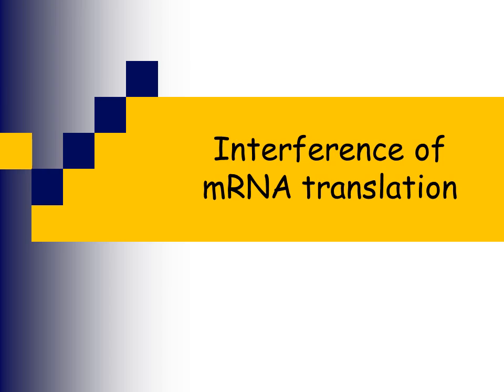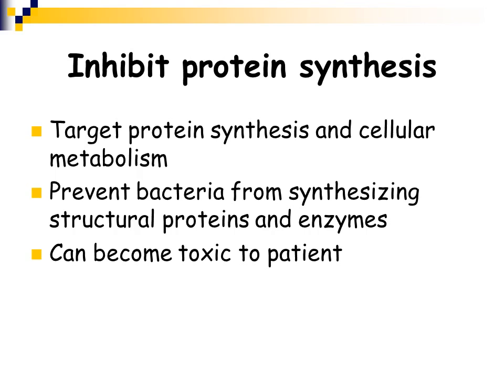The next group interfere with messenger RNA translation. So these inhibit protein synthesis. So they target protein synthesis and metabolism. They prevent bacteria from synthesizing structural proteins and enzymes. The problem with some of these agents is they can be toxic.